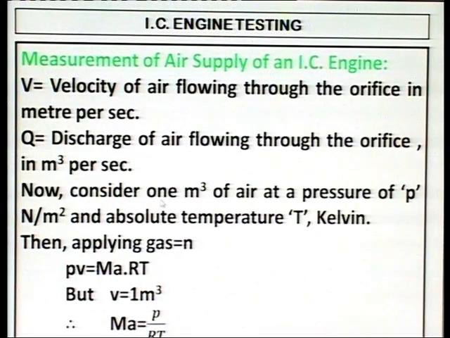Now consider 1 meter cube of air at pressure of P in Newton per meter square and absolute temperature T in Kelvin, then applying gas law, PV is equal to MART, but V is equal to 1 meter cube. Therefore, MA, mass of air, is equal to P divided by RT.